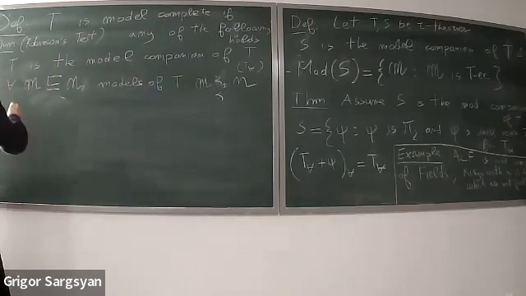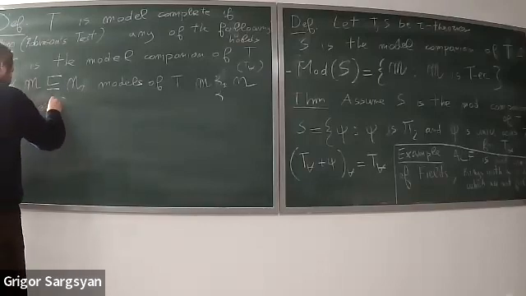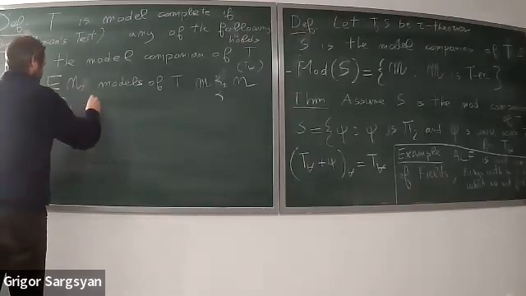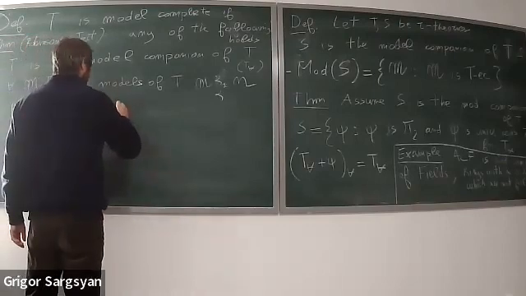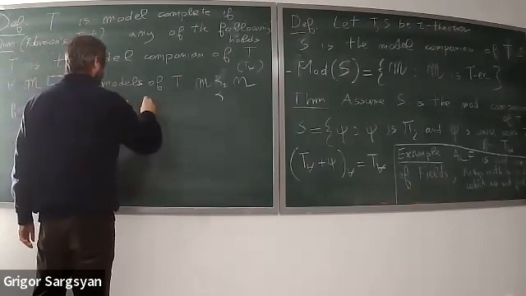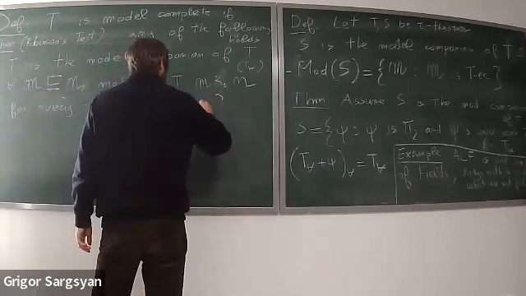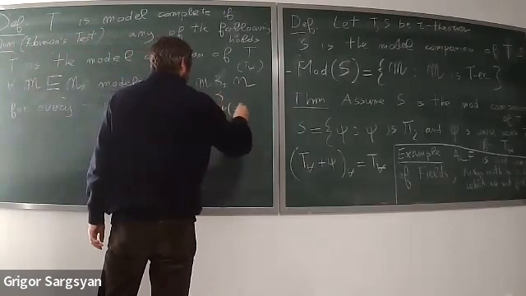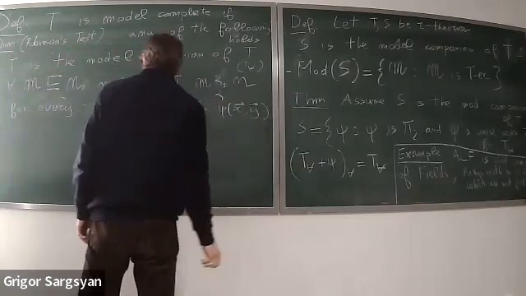Three, for every existential formula phi(x,y). So this is actually the way one proves model completeness.